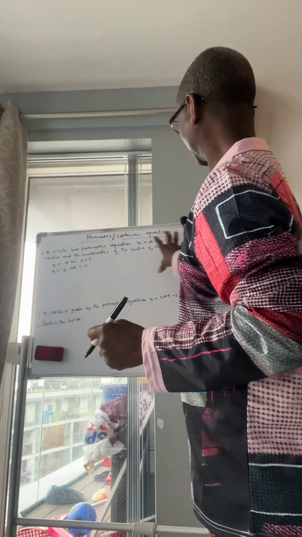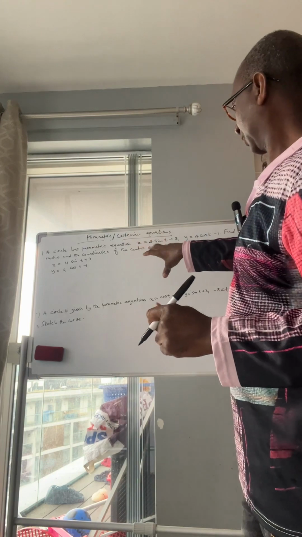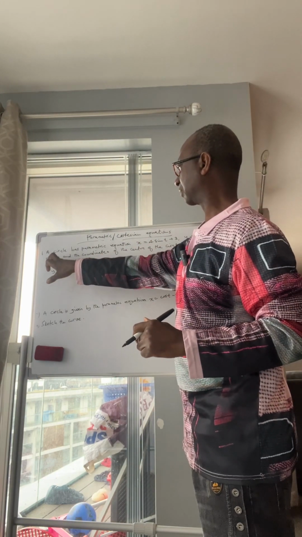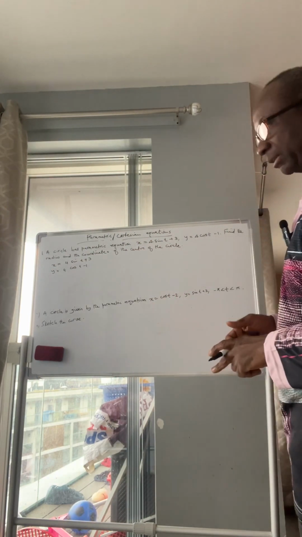We are already told this is a circle. What we need to find is the radius of the circle and the center of the circle.